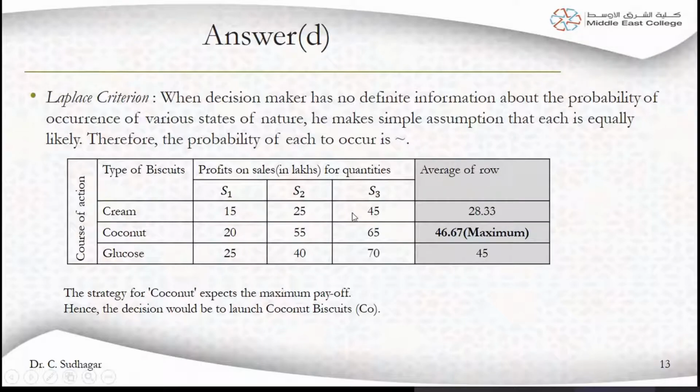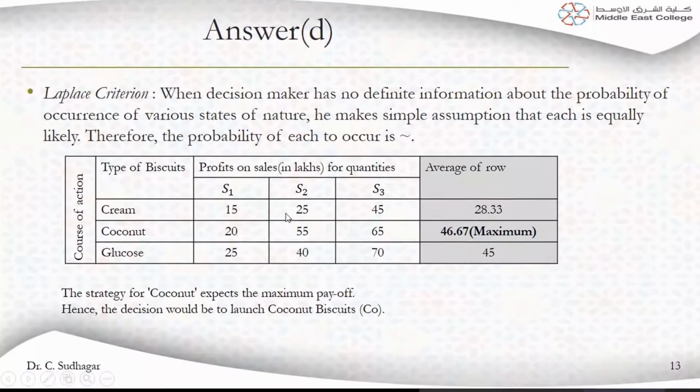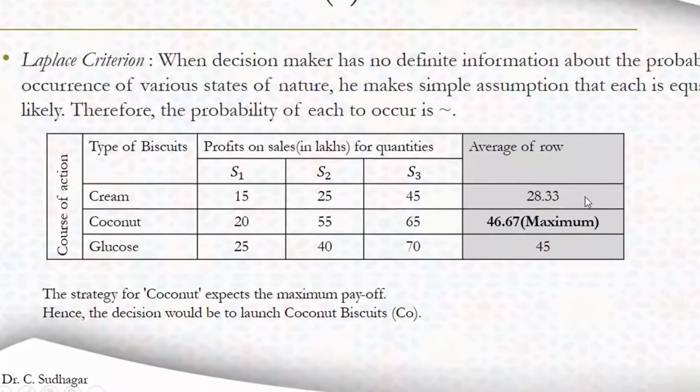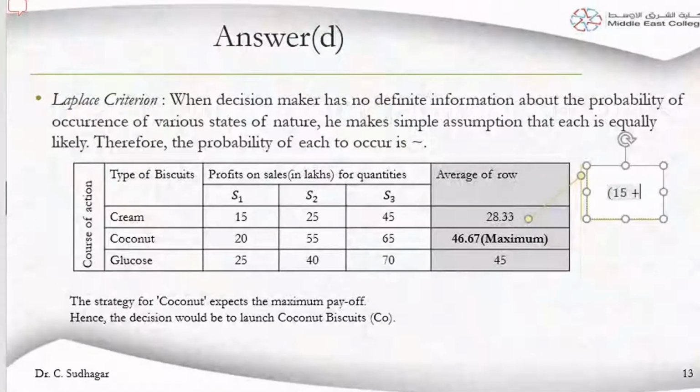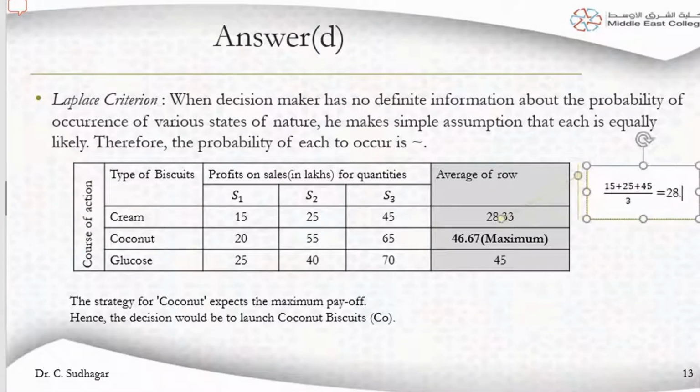It is 15 plus 25 plus 45, whole thing divided by 3. Using the calculator, that is equal to 28.33. So that is how we are getting this number 28.33.